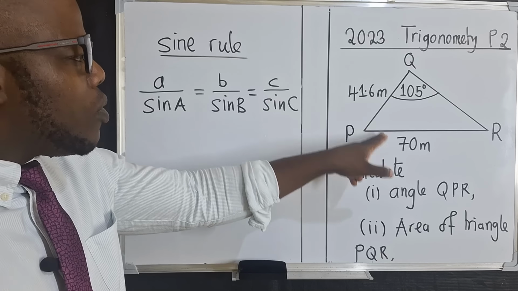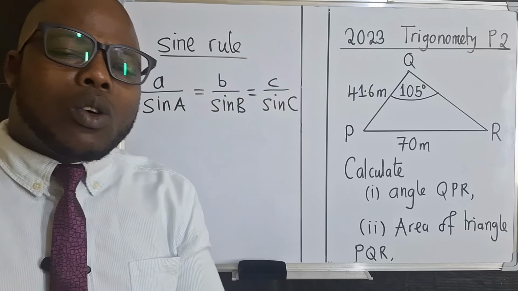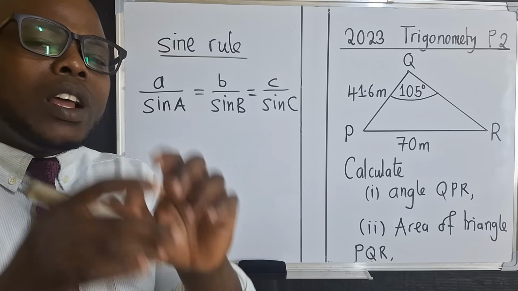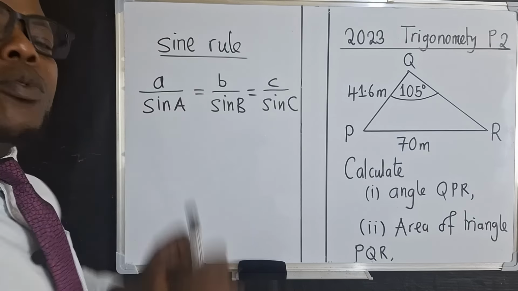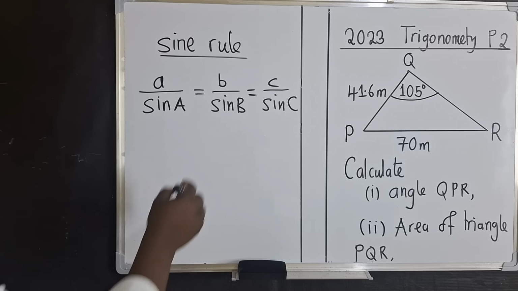In this case, we've got two sides and one angle, and that angle is not included. Therefore, we'll go for the sine rule. So I'll just give you an example.